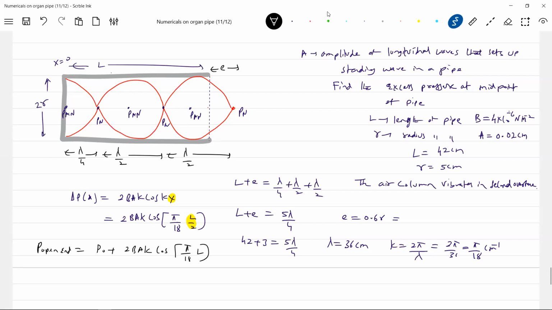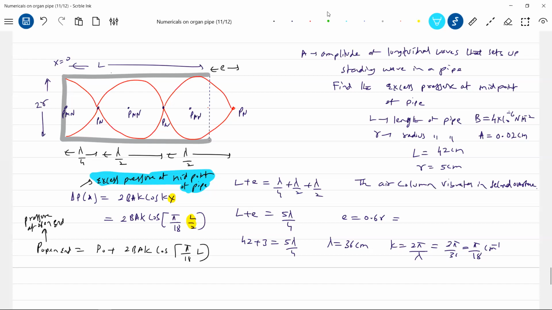Substitute the value of L, you'll get the required answer. The excess pressure at the midpoint of the pipe is what we expressed here. Got the idea, no? So we can calculate the pressure at any point also.